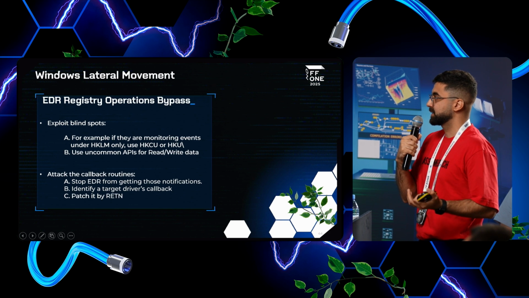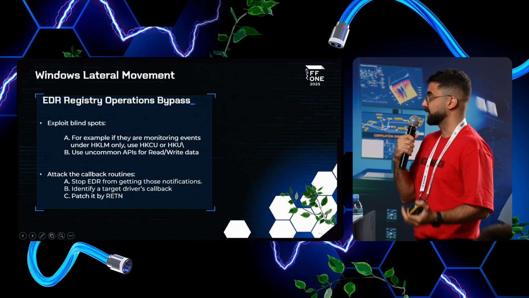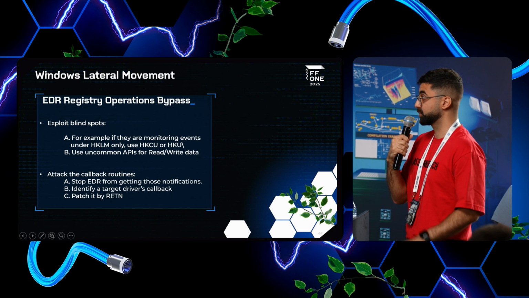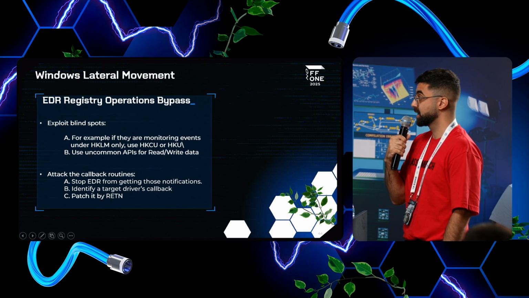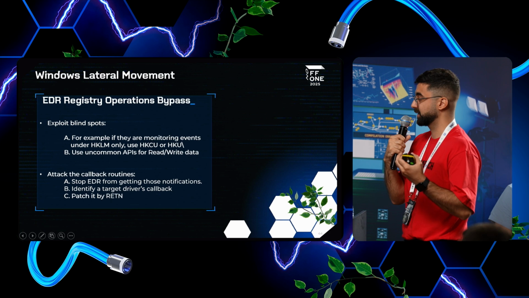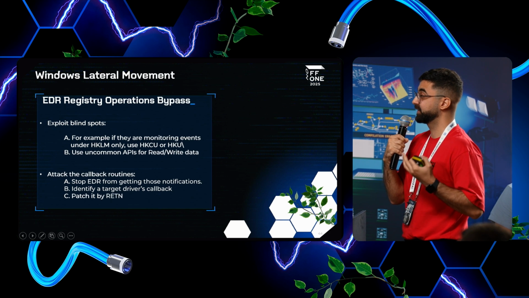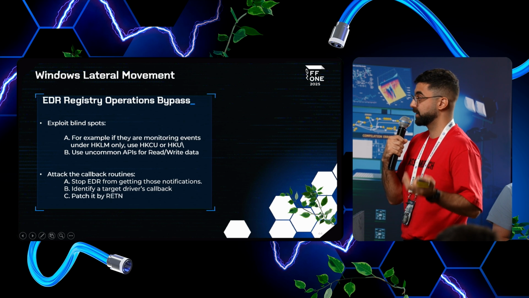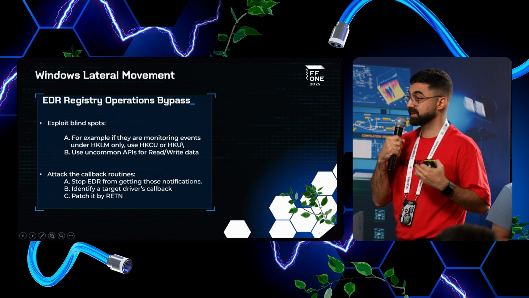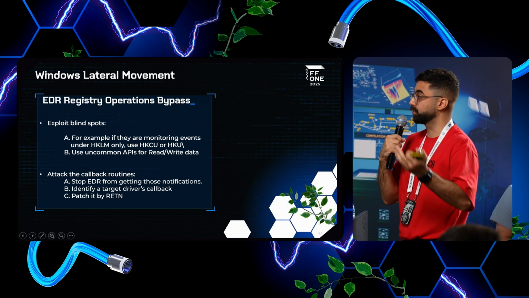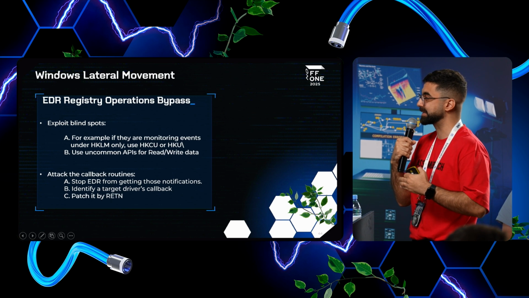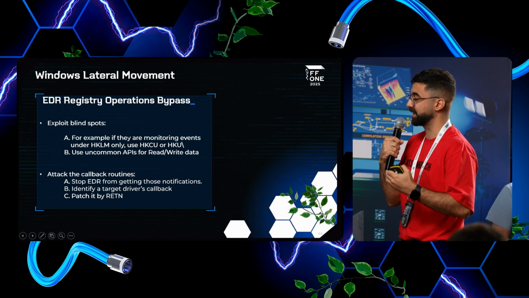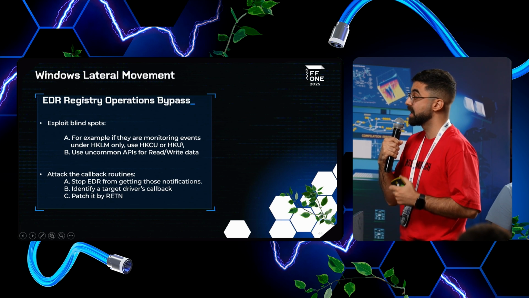How can we bypass this registry monitoring? There are two ways I found. The first one is to exploit blind spots, meaning you exploit the filtering levels. For example, if the EDR monitors events under HKLM, maybe you can access the value you want to read or write from other hives, because as I said in the beginning, there are many mount points to access the hive data itself.